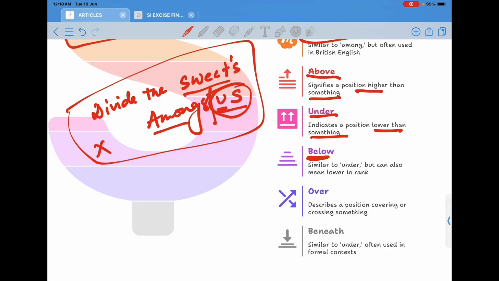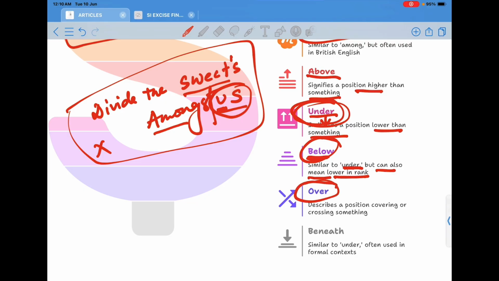Below is used for lower than, at a level that is also lower than under. So below is similar to under, but can also mean lower in rank. For example, your work is below average.